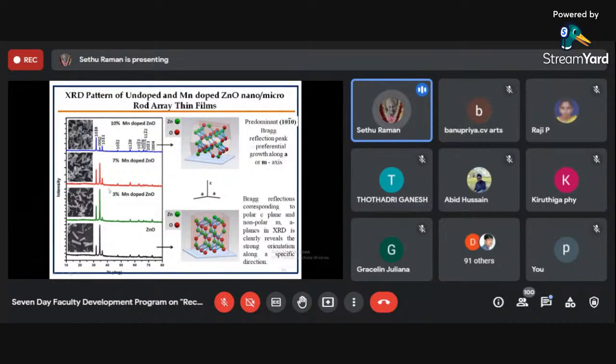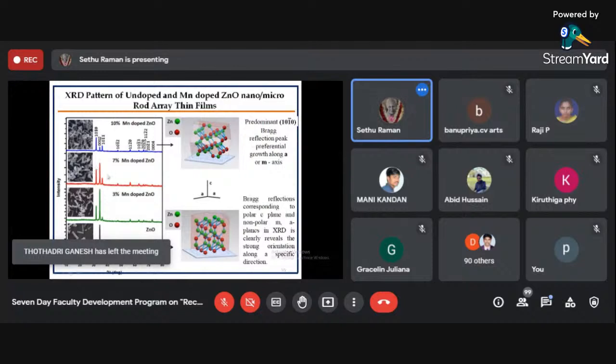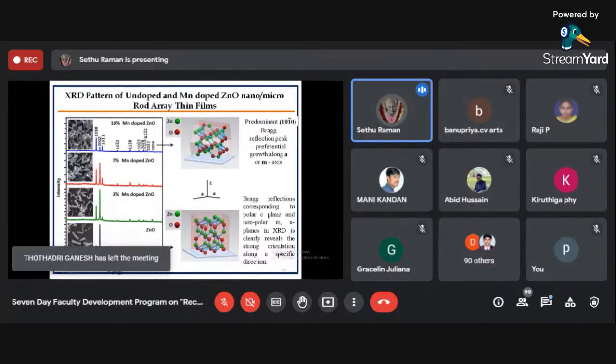Until 7%, somehow we managed to grow zinc oxide nanorods on the surface of the microrod samples, the micro assembly. But after 10% Mn doping, we completely observed that the zinc oxide microrods change the crystallographic orientation from 0002 to 101̄0.